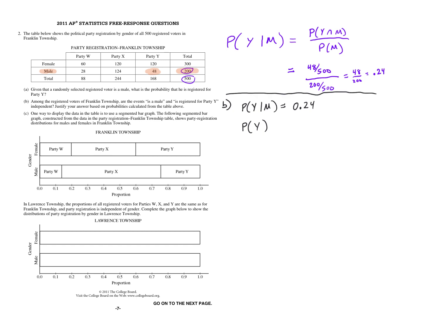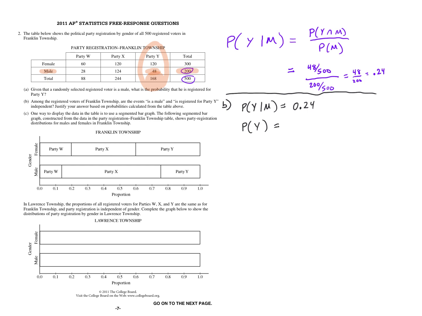And so that's just going to be party Y in general. We're going to look over here. There are 168 total people who support party Y of all the genders listed. And then we've got this total number of people of 500.